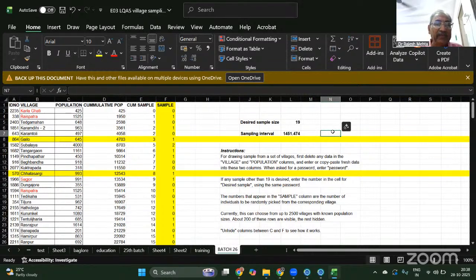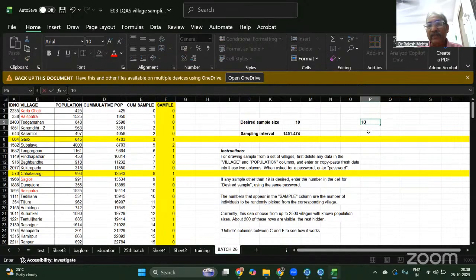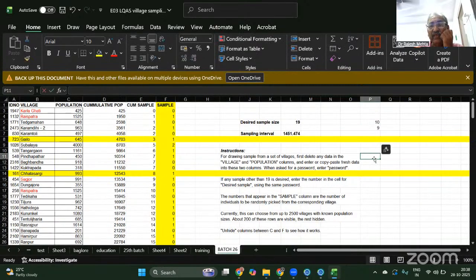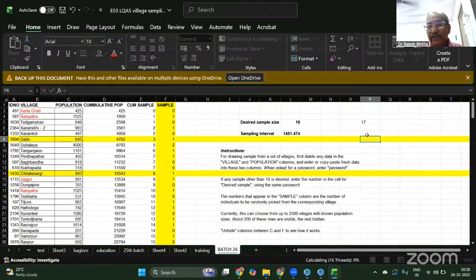And we'll see the decision making rule table, because out of 19, suppose your survey says that 10 of the old age people were given geriatric care and 9 were not given. This may be your answer. Or in your survey, the answer could be like this: 17 were given geriatric care, 2 were not given.